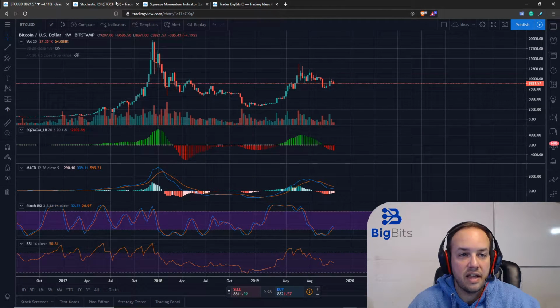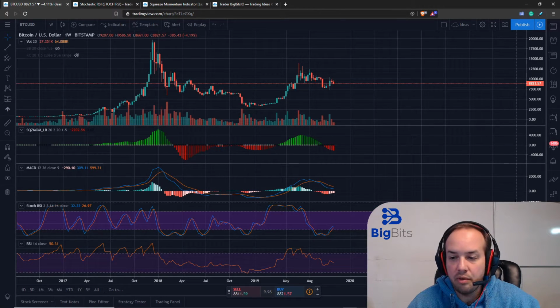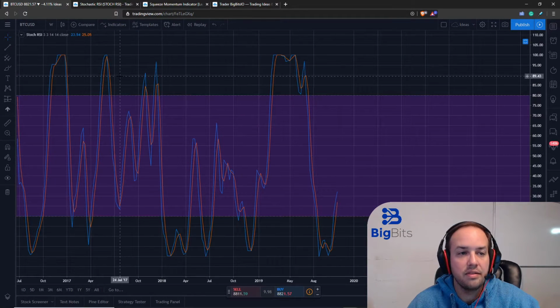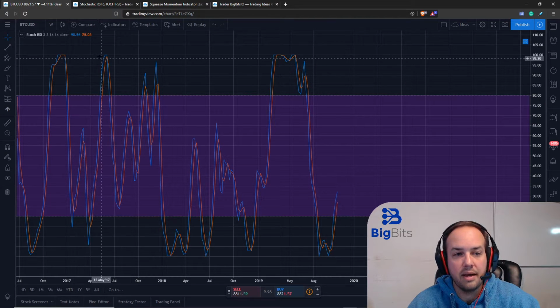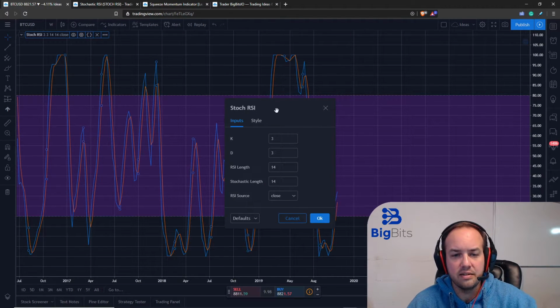And when you look at the stochastic RSI, when it's at 100 or 1, it's at its highest level. And the default values that we were working with for the stochastic RSI are just the different look-back periods that we're using here. Now, give me just a moment. Let me pull up those settings.